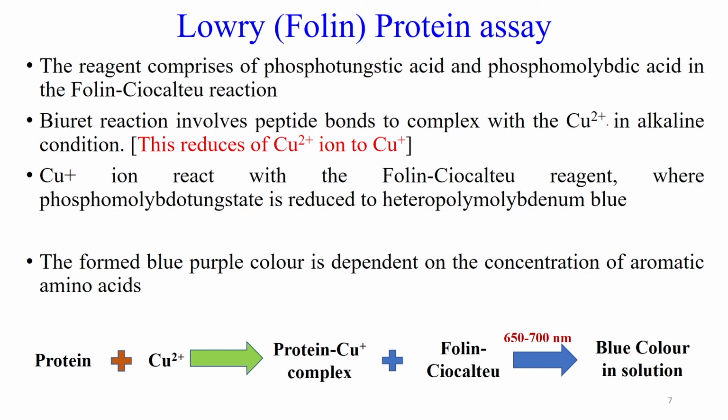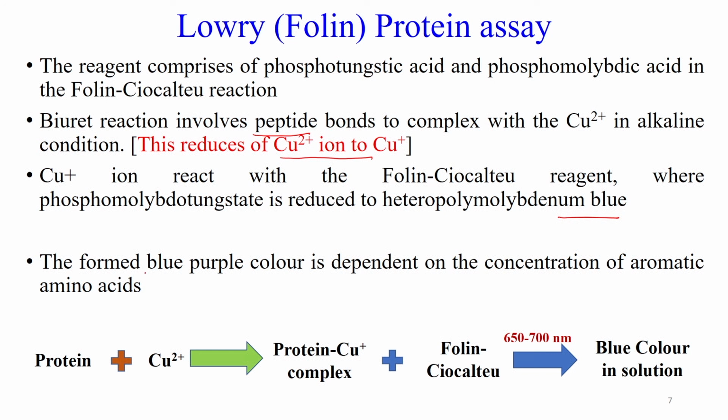Copper ion in alkaline solution complexes with the peptide bonds or NH group of the proteins and reduces the copper 2 plus to copper plus. Now, once the copper plus is present, this copper plus reacts with that Folin reagent and when it binds to the reagent we get a change in the color and we observe a blue color.